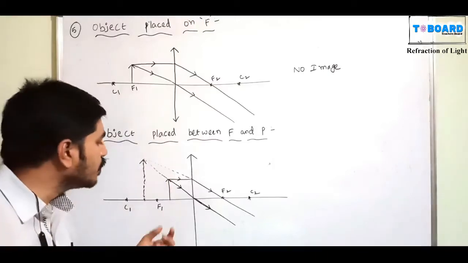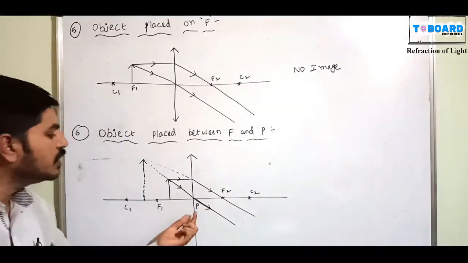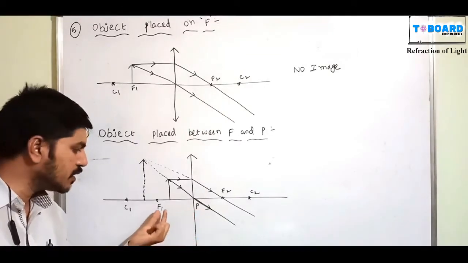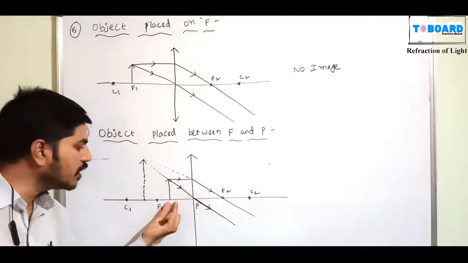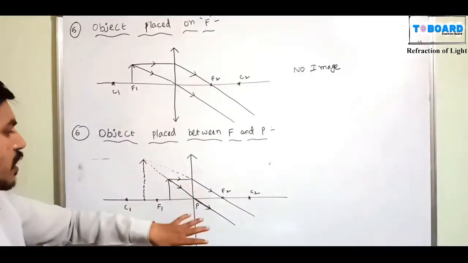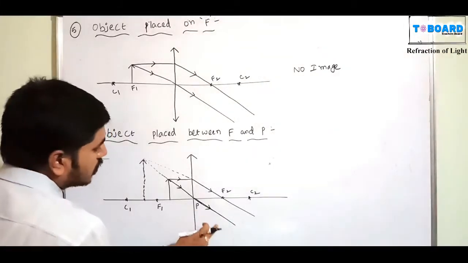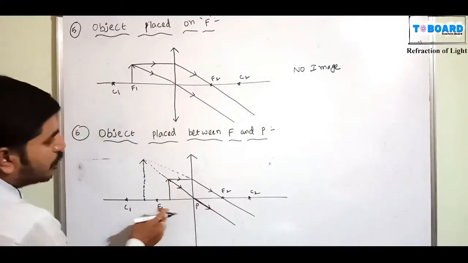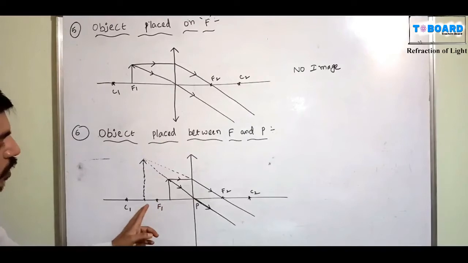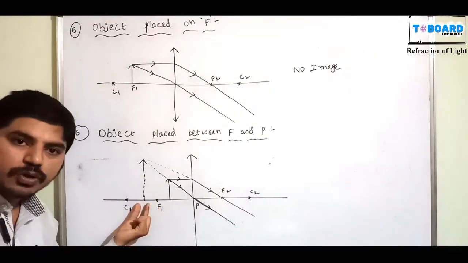Between F and P, so this is P. Between the optic center and the focal point, if I keep an object here, then we will get an image. This is a special category of ray diagram formation. Once you observe, the image appears beyond the focal point.